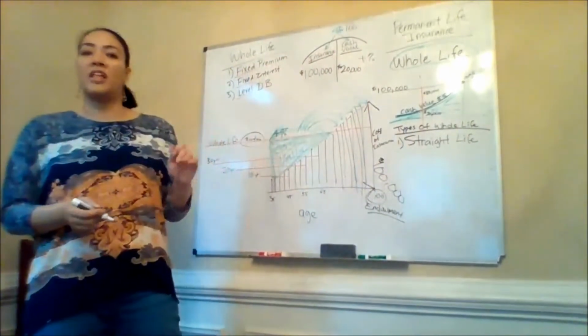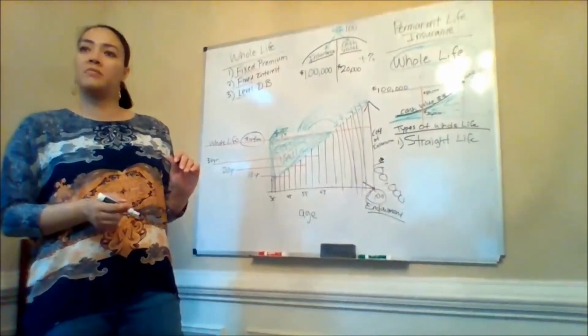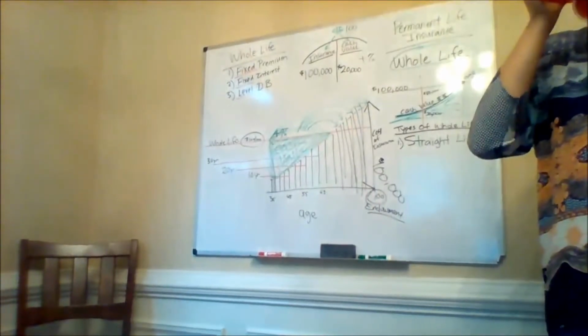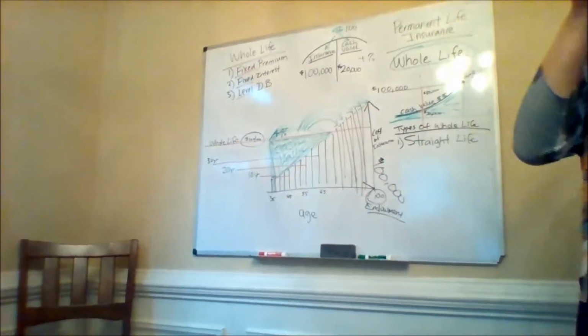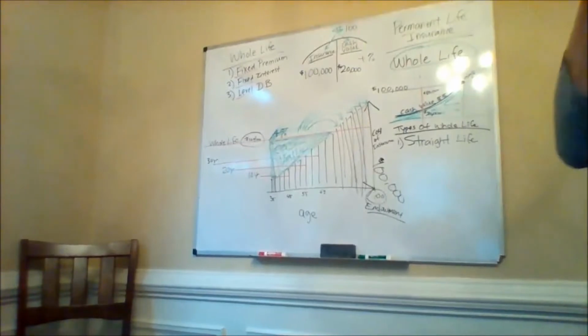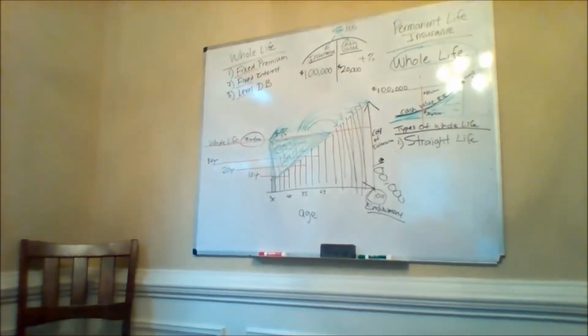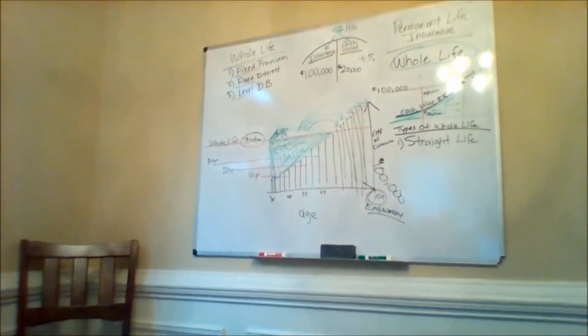There's another name for straight life. Do you know what the name of it is? Do you remember, William? You pay all the way to age 100 and then it's out.